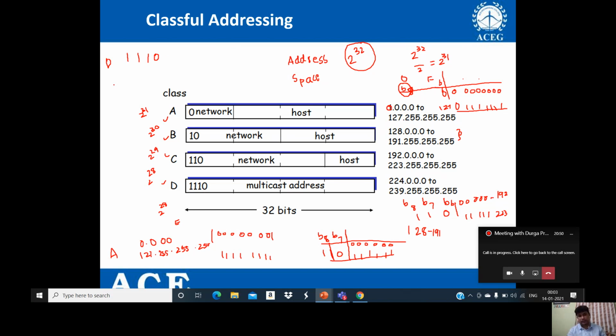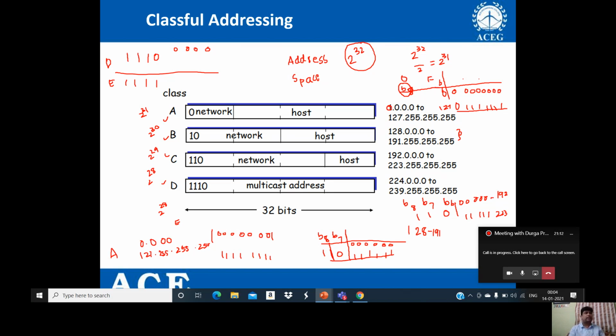Then it belongs to class D. But for class E, the first 3 bits are 1s and the fourth bit is also 1. It belongs to class E. First let us look at class D. If it is 1110, then the remaining bits can take values from 0000 to 1111.